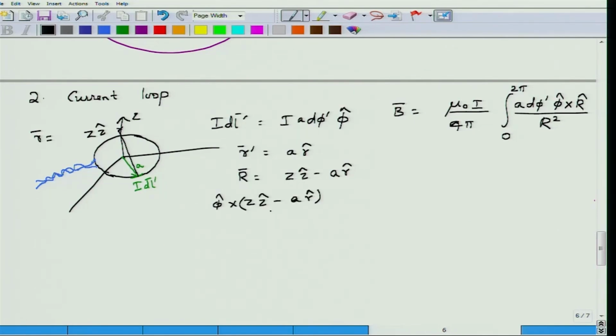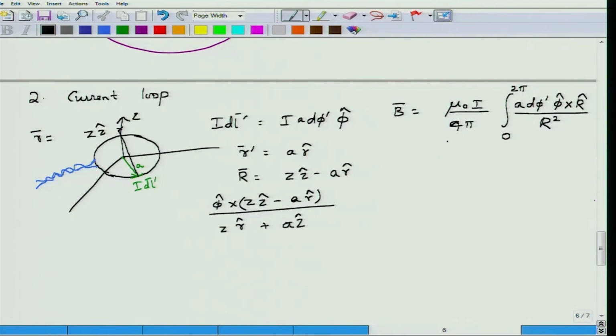Phi hat cross z hat will be along the r direction and phi hat cross r hat will be along the minus z direction. There is already a minus sign, therefore that becomes a plus. So, this cross product becomes z r hat plus a z hat.